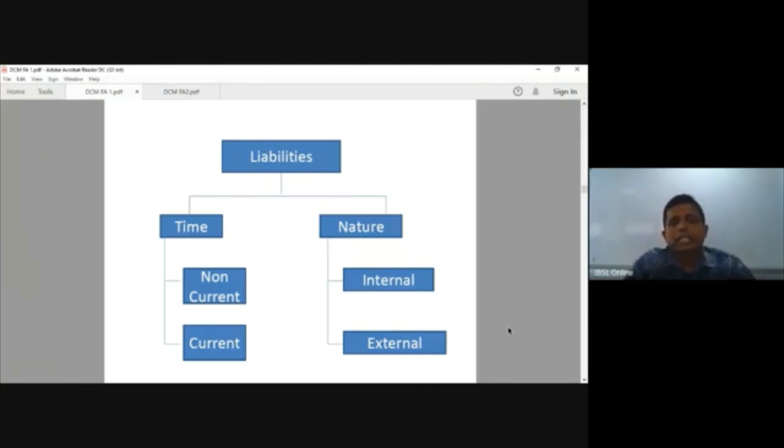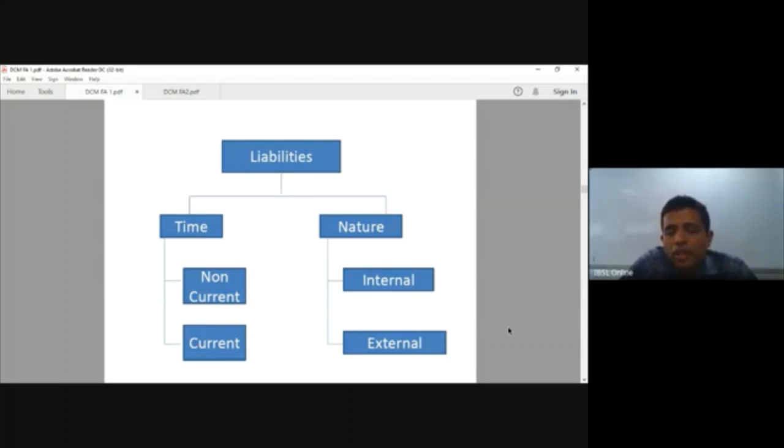Then, taking the concept of nature, internal liabilities are there, external liabilities are there, right? Now, in the big picture, we have assets and liabilities.